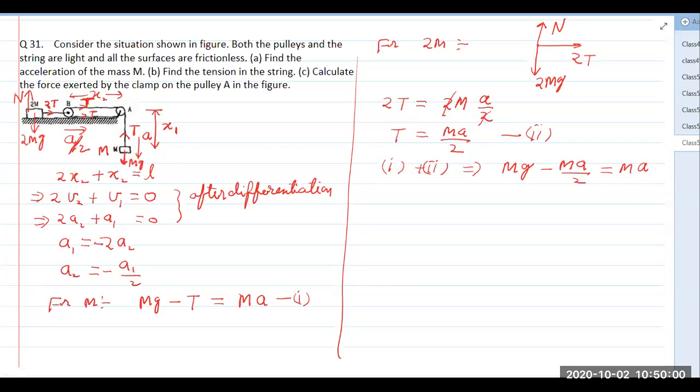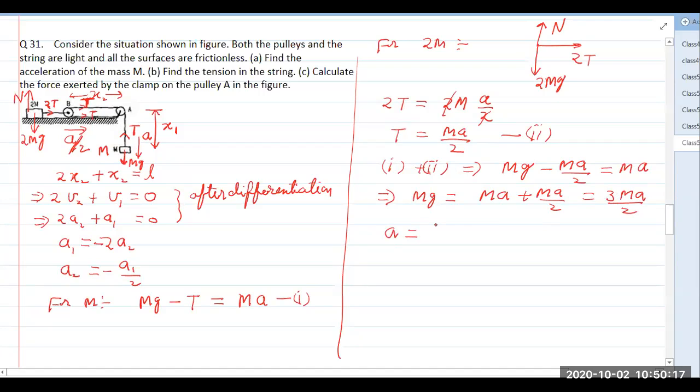Now if you take ma by 2 to the other side, Mg equals ma plus ma by 2, that is 3ma by 2. So cancelling, we get a as 2g by 3. This is the acceleration.